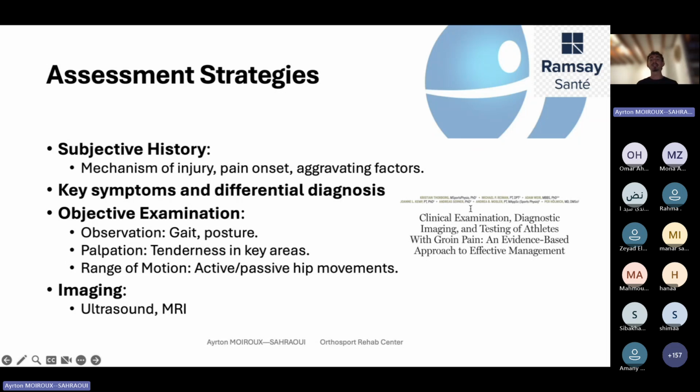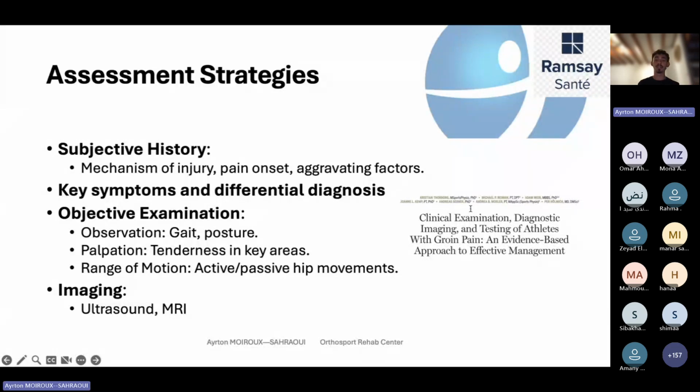Ask about any specific incident or change in training routine that preceded the pain. The aggravating and the relieving factors.